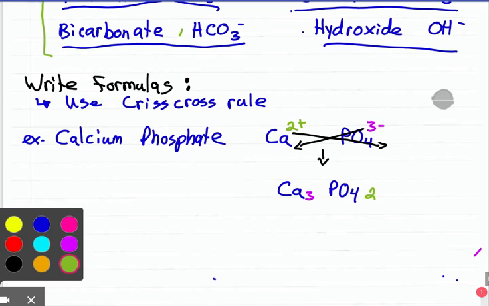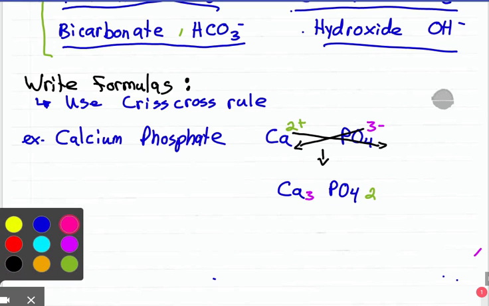The problem is if we leave our formula to look exactly like this, it looks like our compound has 3 calciums, a phosphate, and 42 oxygens. We know it doesn't have 42 oxygens. We know that it's going to have 2 of the phosphates.